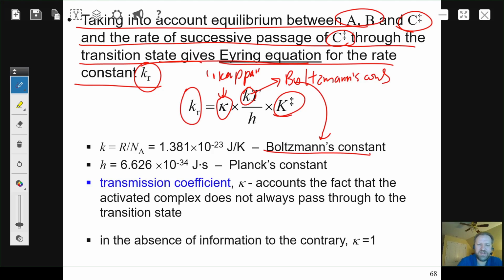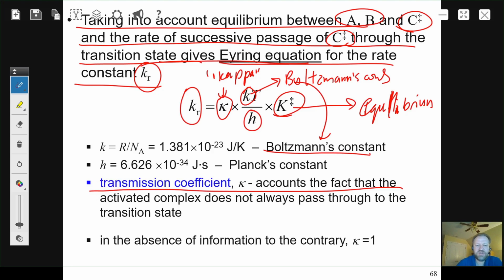And the K here is the equilibrium constant. What equilibrium constant? Well, it's the equilibrium constant for the equilibrium between the reactants and the activated complex. Okay? And h here is Planck's constant.